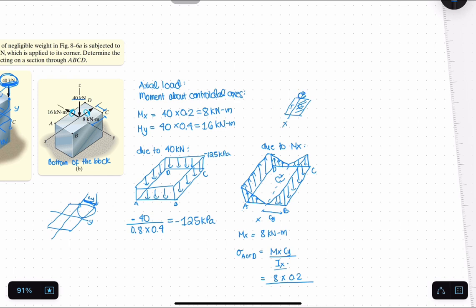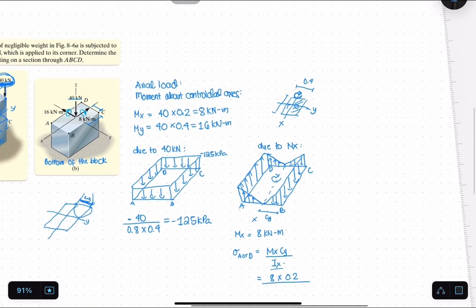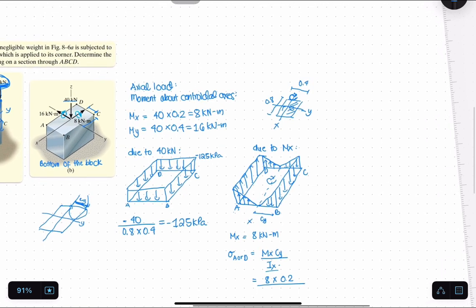Ito yung X. So, ito naman yung Y. So, itong distance na to, diba that is 0.4, while this one is 0.8. Now, diba ito yung direction ng ating moment.